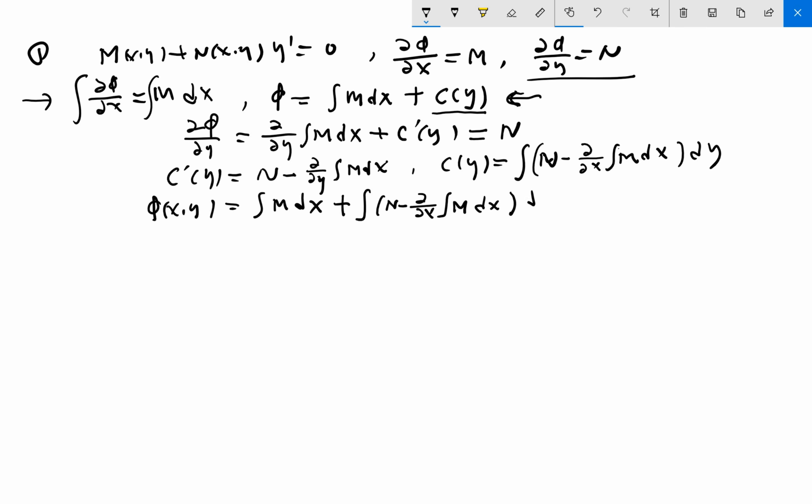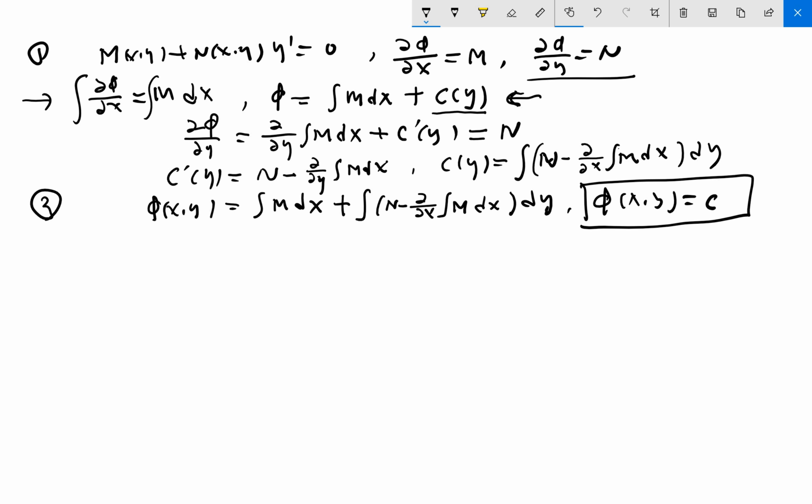This whole thing is integrated with respect to y. So using this formula, which I call equation 3, you can find your phi. Then set phi equal to a constant. That's our solution for the exact equation.